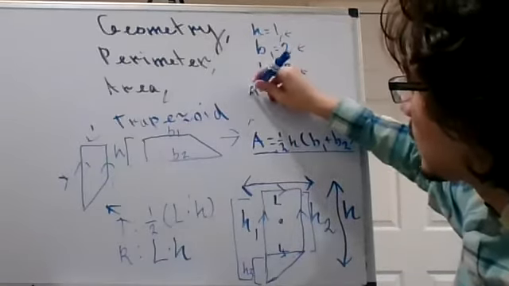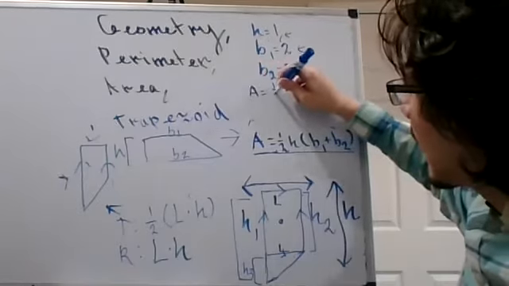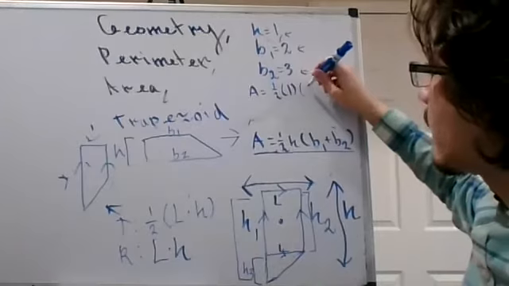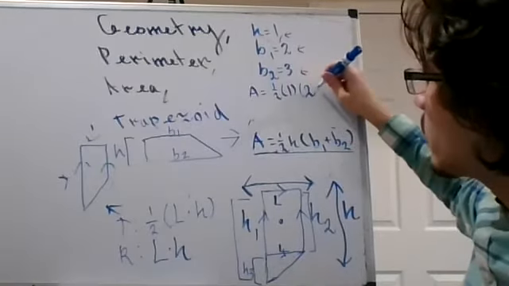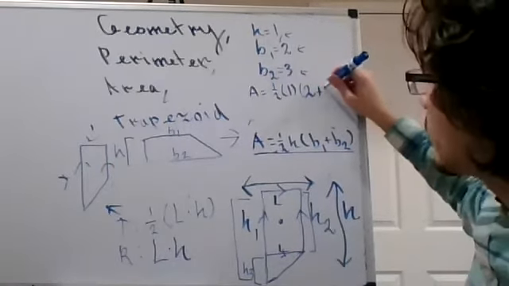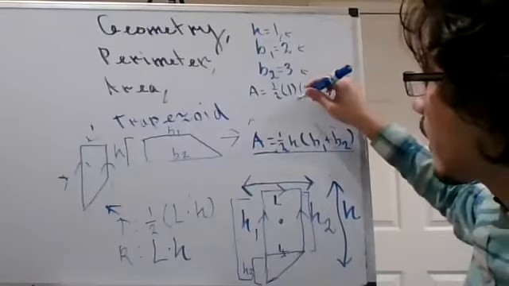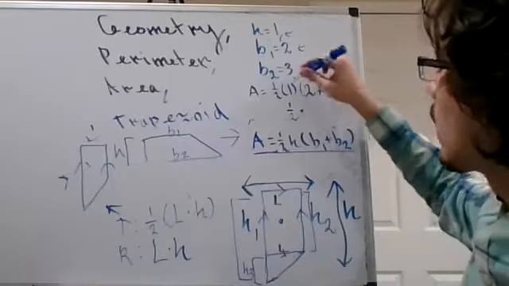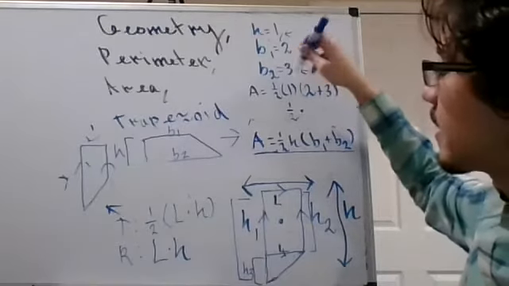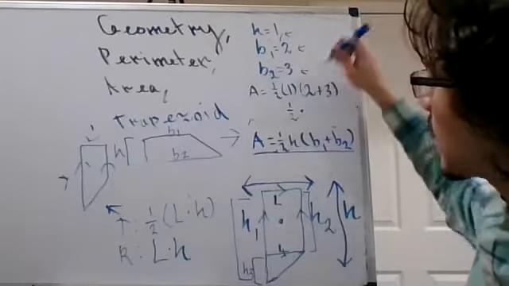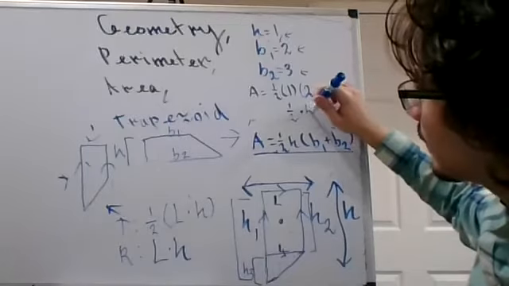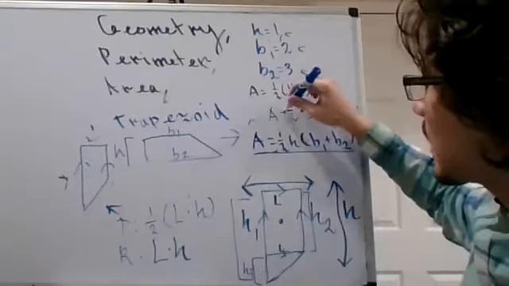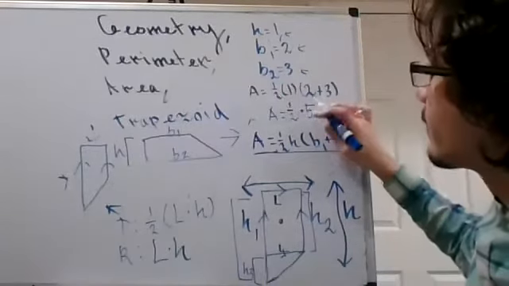So area equals 1/2 times height, which is 1, multiplied by base 1, which is 2, plus base 2, which is 3. So we do out our equation. It is 1/2 times 1, which is itself, since anything times 1 is itself. So 1/2 times 2 plus 3, which is 5. So our area is equal to 1/2 of 5.